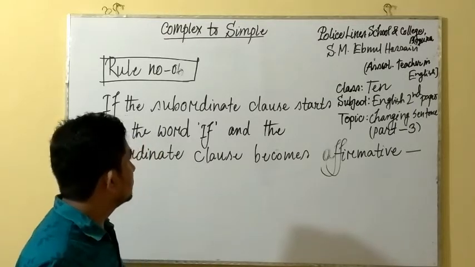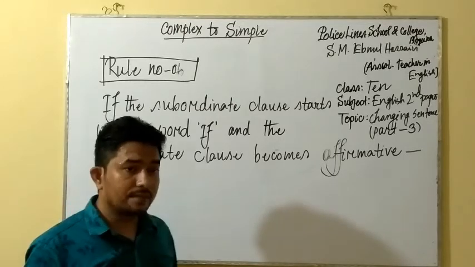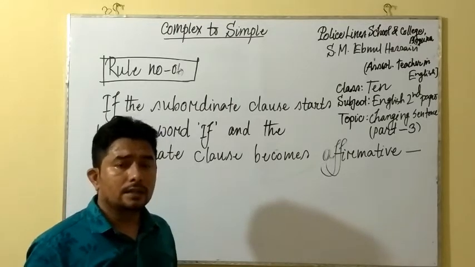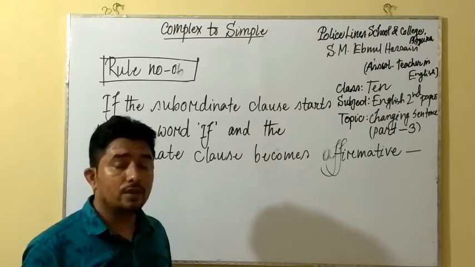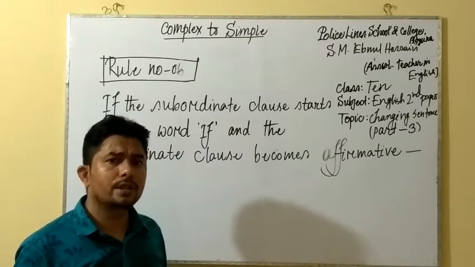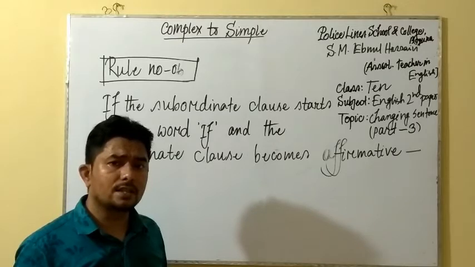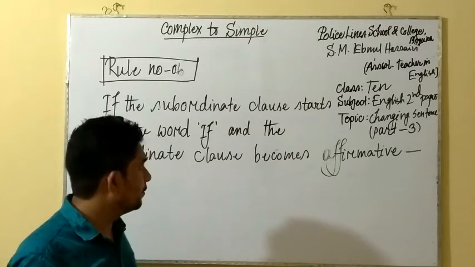In rule number 6 the subordinate clause becomes affirmative, but in rule number 5 we learned that the subordinate clause becomes negative, and then the negative form is changed to without.